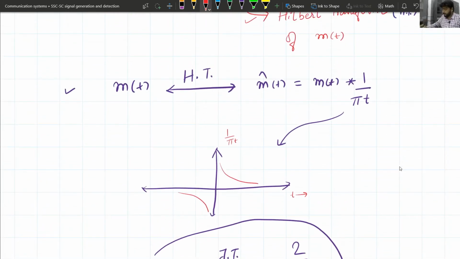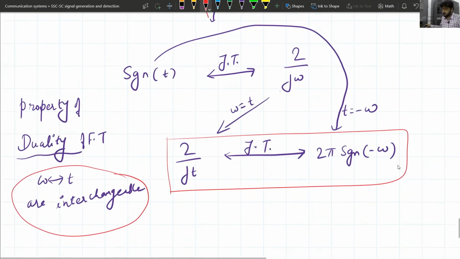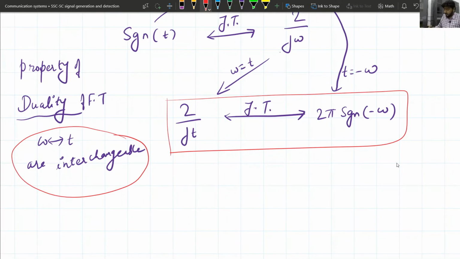But what we need is to obtain this signal. Once again writing here, 2 upon jt is given by the Fourier transform as 2 pi times sgn of minus omega.